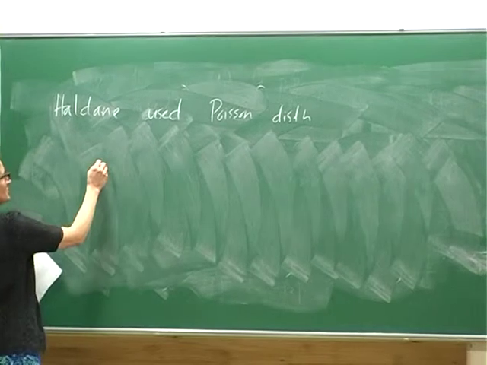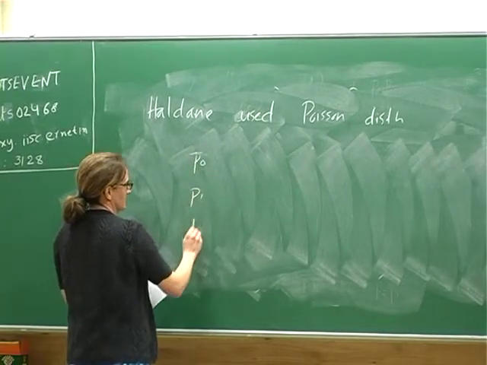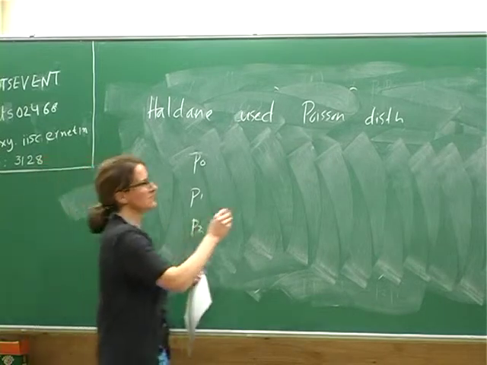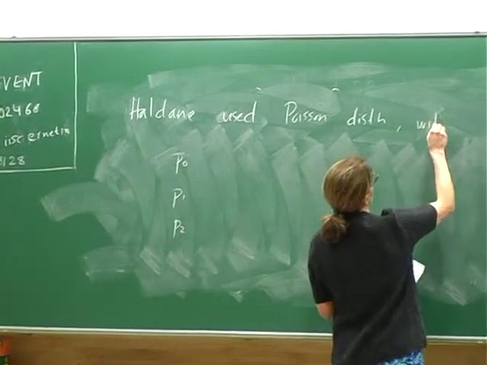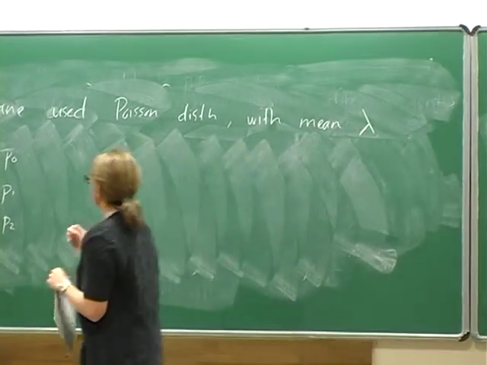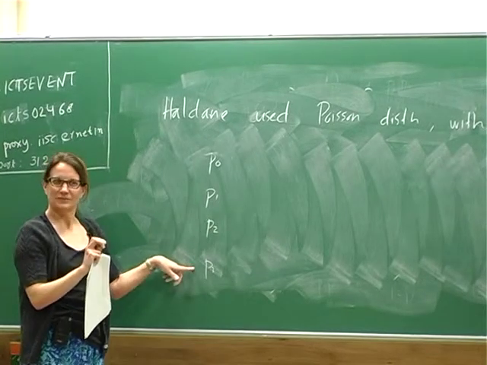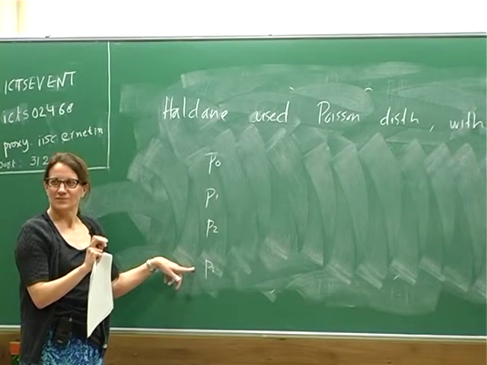And for that distribution, P0, P1, P2, let's say with mean lambda, anybody remember what these look like? You mathematicians?